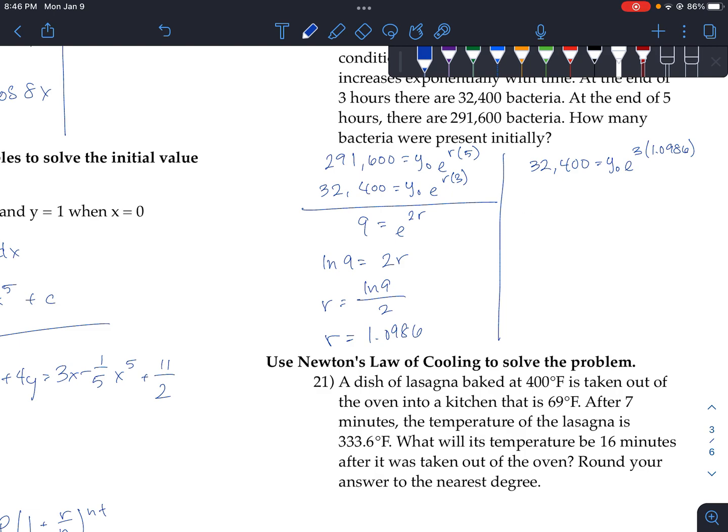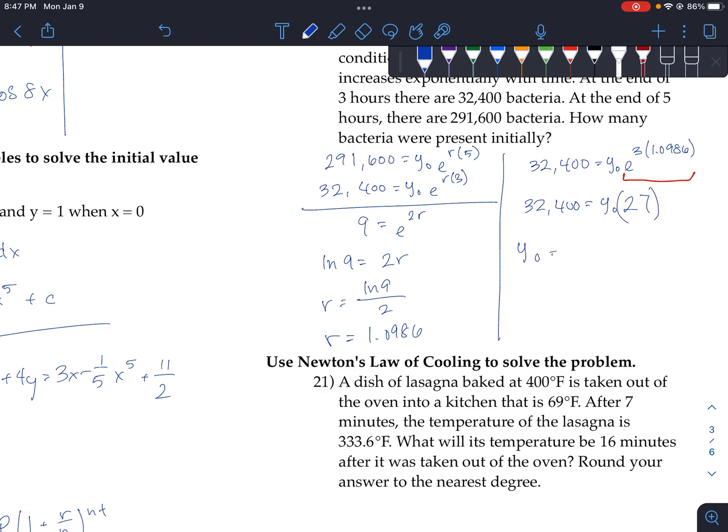You can plug this part into a calculator, so e raised to the 3 multiplied by 1.0986 turns out to be pretty much just 27, so multiplied by 27.